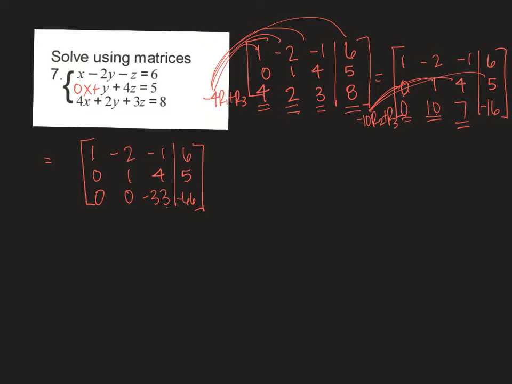So now I just have to focus on getting this negative 33 to become a positive 1. So negative 33 divided by itself is going to give me 1. So dividing by negative 33 is the same thing as multiplying by negative 1 over 33. So I'm going to multiply that whole row by negative 1 over 33.